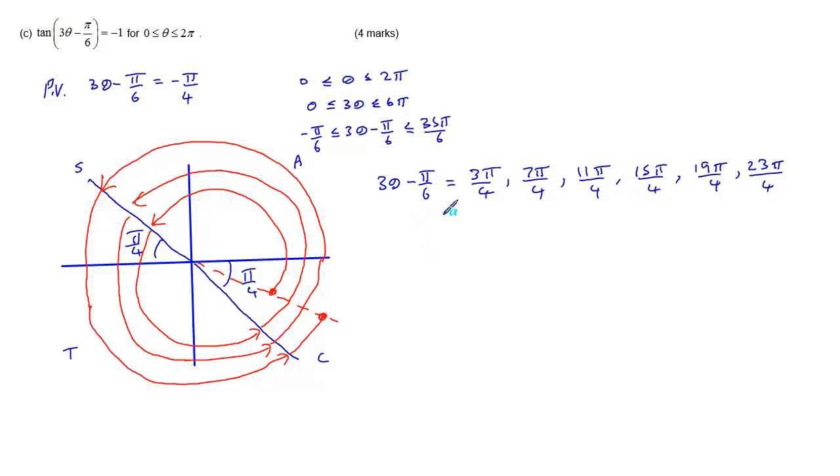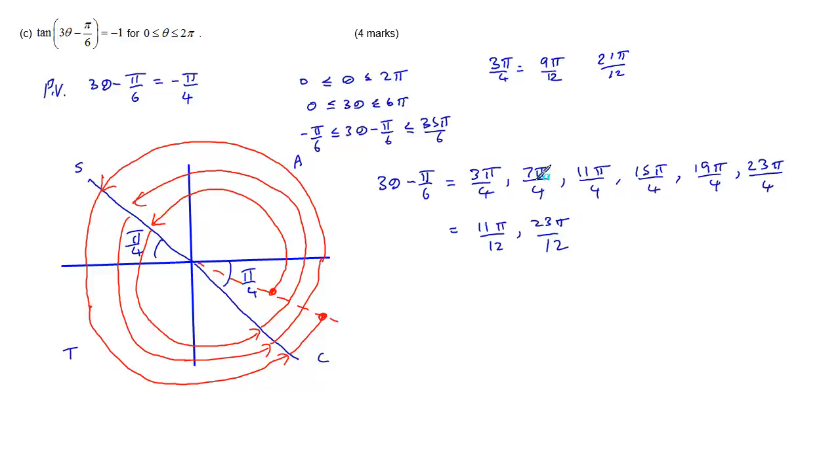Now we want to add pi by 6 to all of those. Now think about the 3 pi by 4. That's going to be 9 pi by 12. Add 2 pi by 12, that's going to give us 11 pi by 12. And then if we think about the 7 pi by 4, that's actually 21 pi by 12. So that one's going to be 23 pi by 12.